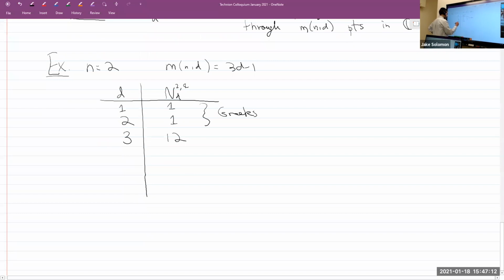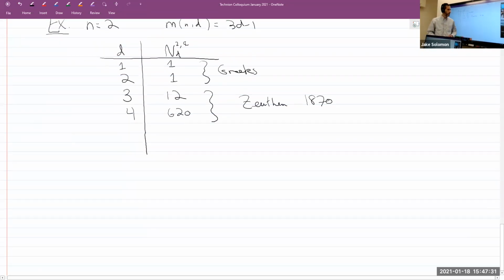And when you do rational curves of degree 4, the answer turns out to be 620. So this stuff was known to a German mathematician, Zeuthen, from 1870. And then no progress was made on this problem for over 100 years.